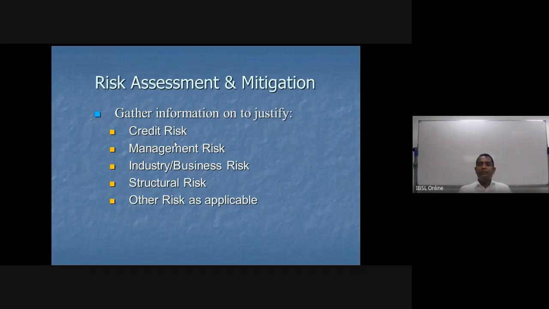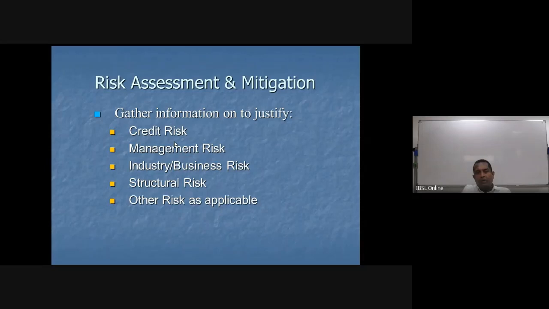Management risk: what is the dependency on the management? Industry risk: what are the risks arising from the industry itself? Think about meat shops.